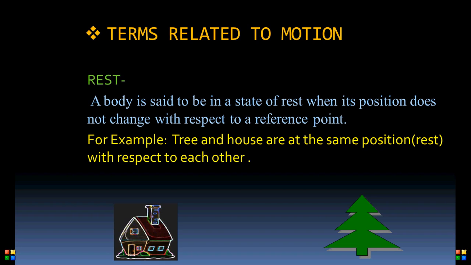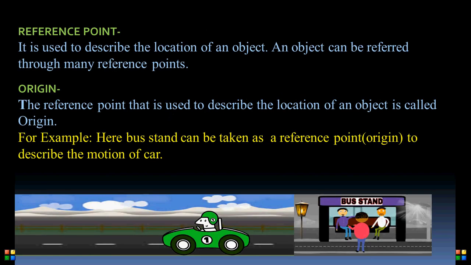Since we have discussed the word reference point, here we see the definition of it. It is used to describe the location of an object. An object can be referred through many reference points. For example, as you can see here, the bus stand is there and a car is moving on the road.